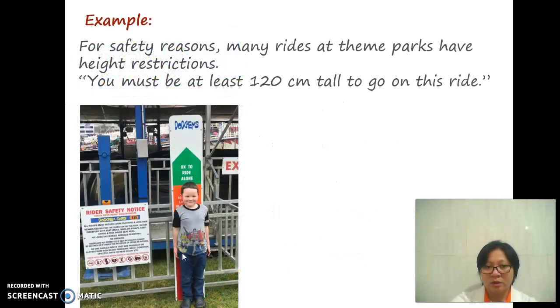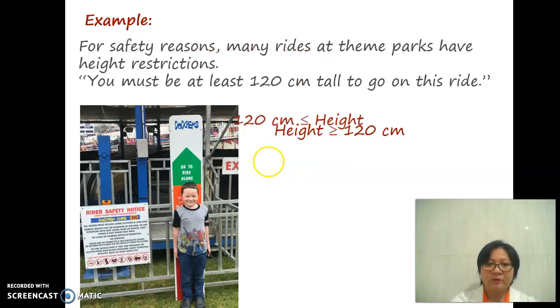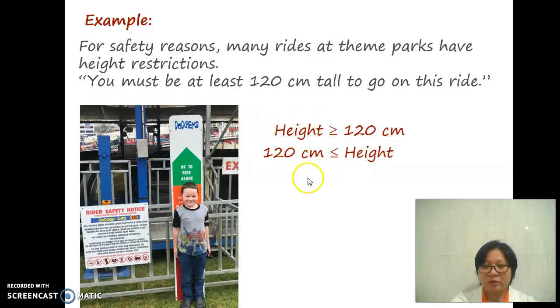So, this is an example of inequality in real life. At a theme park, there's a height restriction. You must be at least 120 centimeters tall to go on this ride. If I put this in a mathematical sentence, it will be height, at least means more than or equal to, 120 centimeters. I can put this in this way too. 120 centimeters is less than or equal to height.